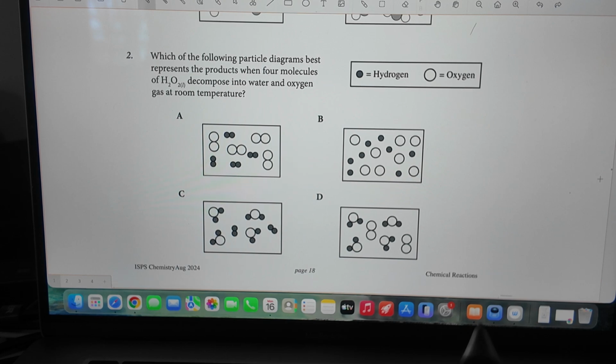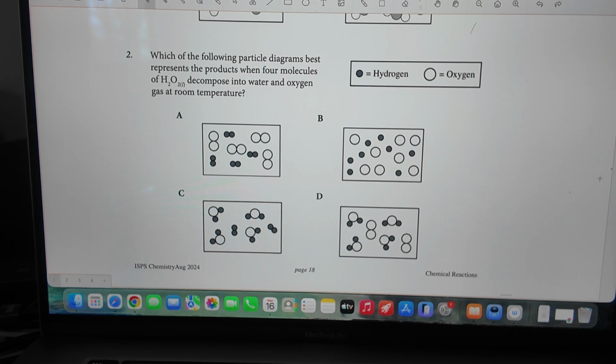Problem number 2: which of the following particles best represents the products when 4 molecules of H2O2 decompose into water and oxygen gas at room temperature?